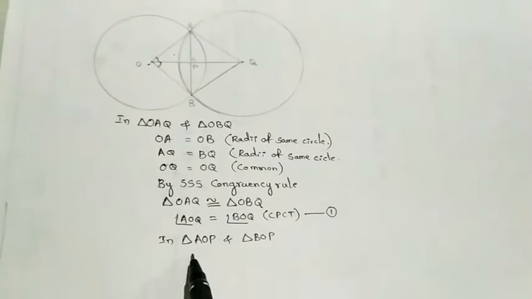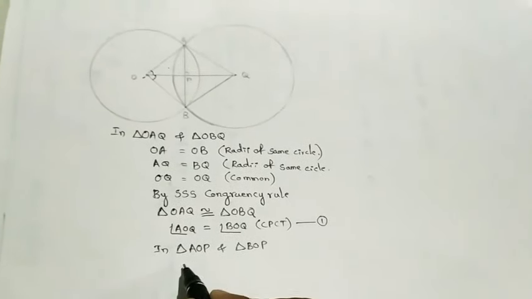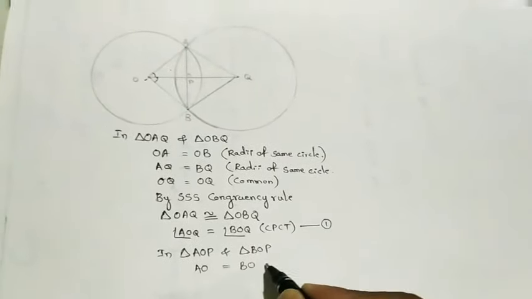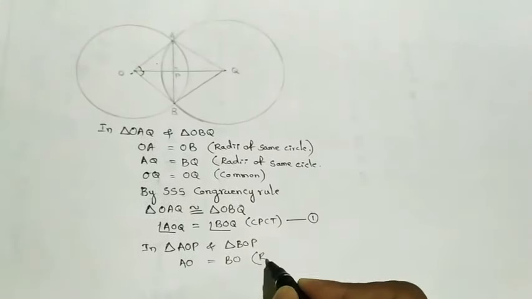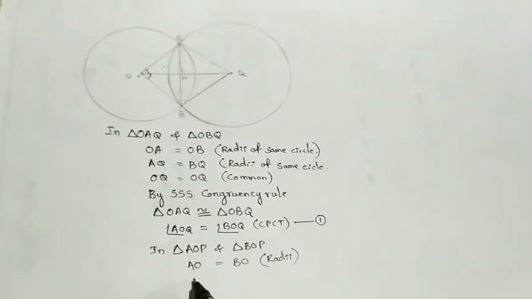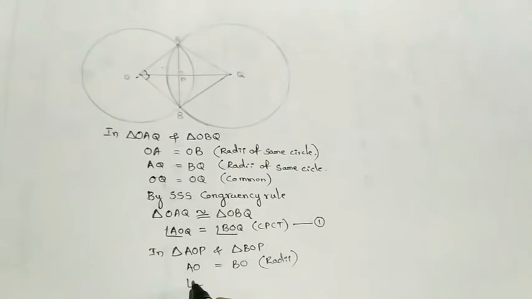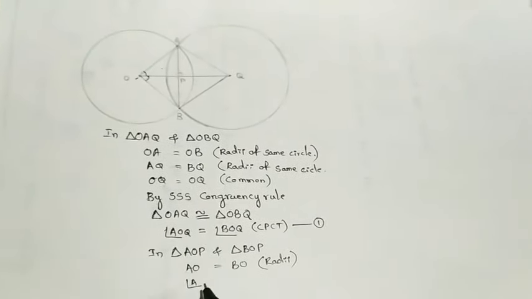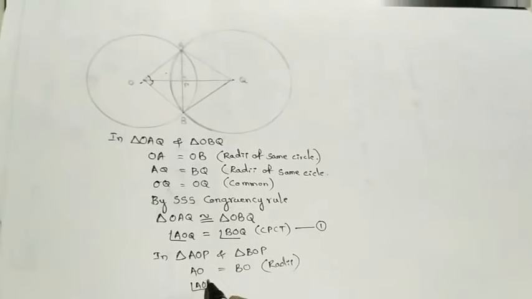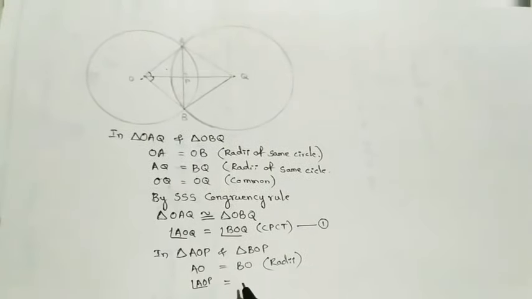So using the congruency rule, again here first thing, AO equal to BO. Why? Radii of same circle. Okay, next there will be one angle, just we got that AOQ. Instead of AOQ I will write it as AOP, because P and Q are on same line.